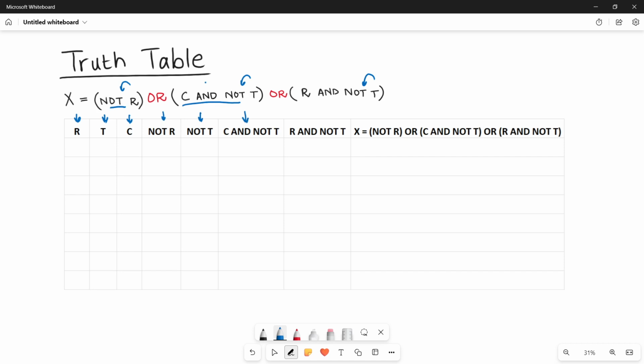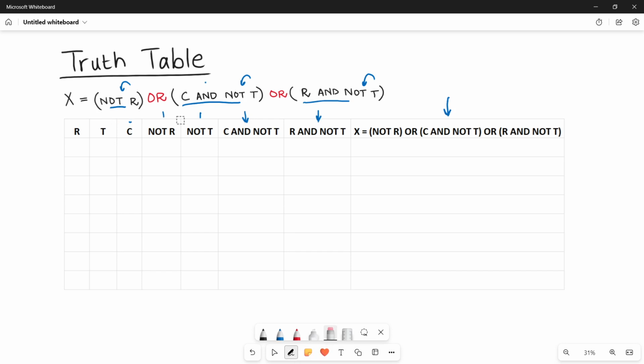And the third bracket was R and not T, which is over here, the next column. Now, the final result will be this one when you do an OR operation between all of these three input brackets. So let's start the working.